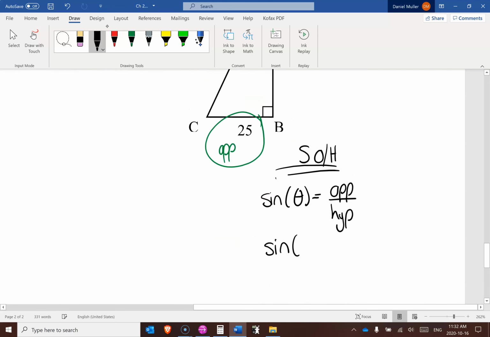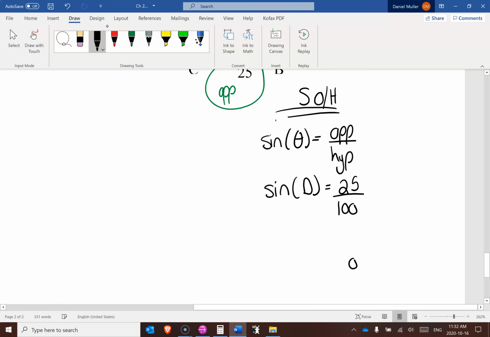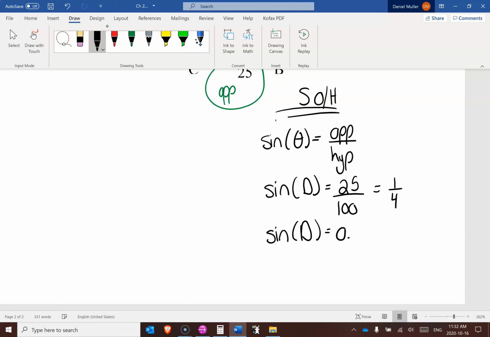So the angle is just D. Opposite was 25 and hypotenuse was 100. So sine of some angle D, 25 over 100 is the same as a quarter. And a quarter is the same thing as 0.25. So sine of D equals 0.25.